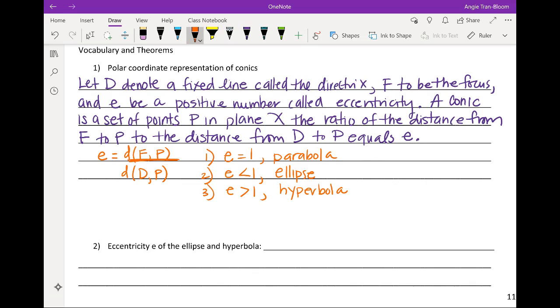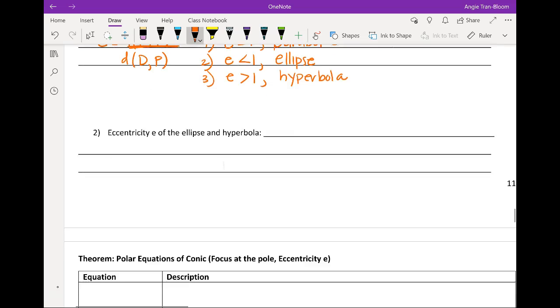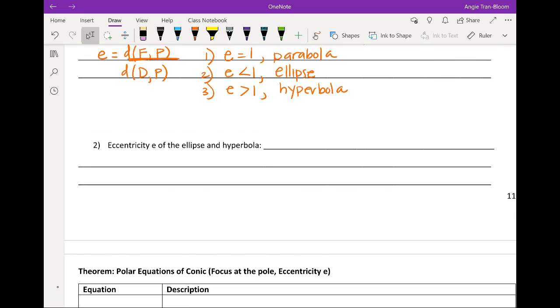Now, on number 2 and number 3, vocab 2, it says eccentricity E value of only the ellipse and the hyperbola. The reason is that on the ellipse and hyperbola, your A value is from where to where? Center to one of the vertices, right? And then C values from, right. For the hyperbola, the variable is slightly different. So this definition is only for the ellipse and hyperbola. Ready?